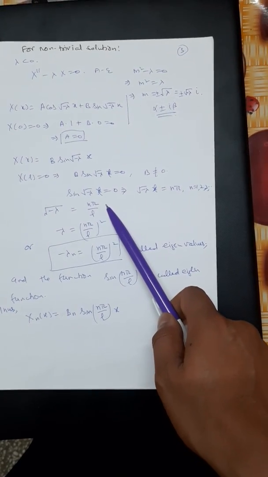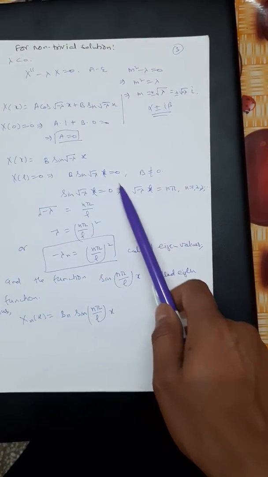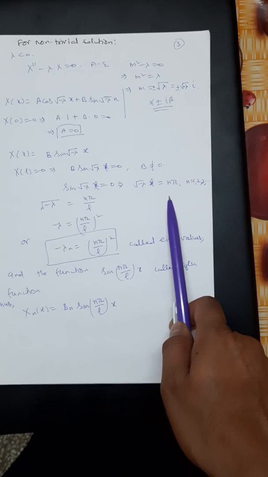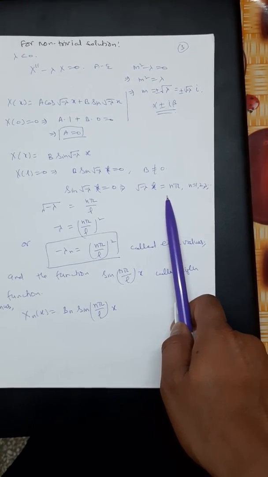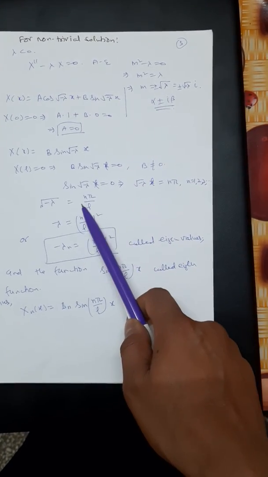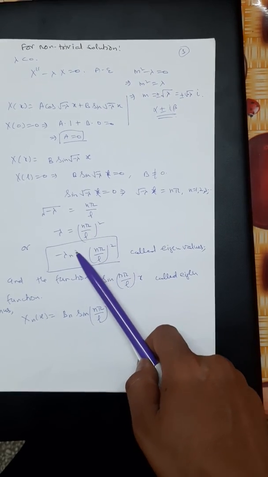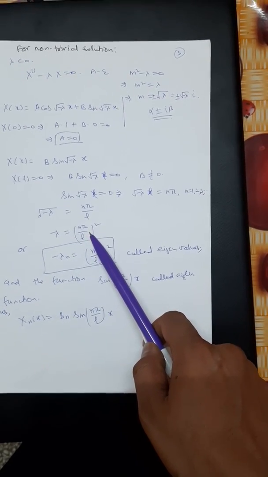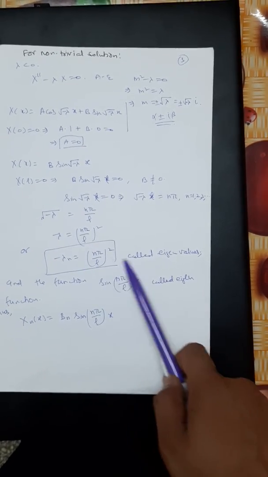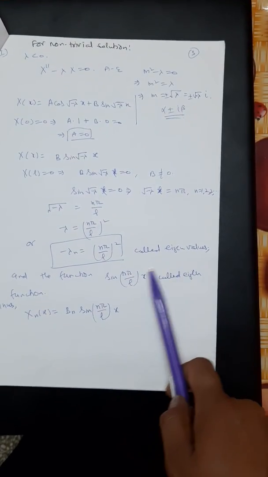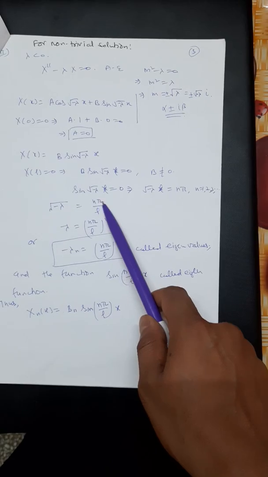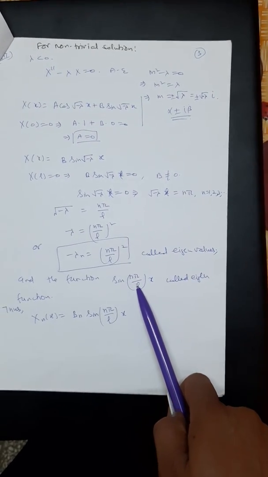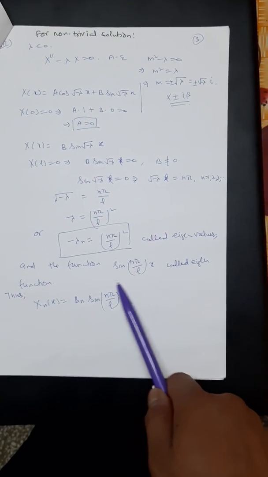So using the other initial condition X(l) equals 0, we have the possibility of the value of the square root of negative lambda times l equals n pi, so from here negative lambda equals (n pi over l) whole square. So these are called eigenvalues, and the corresponding functions, here sine, are called eigenfunctions.